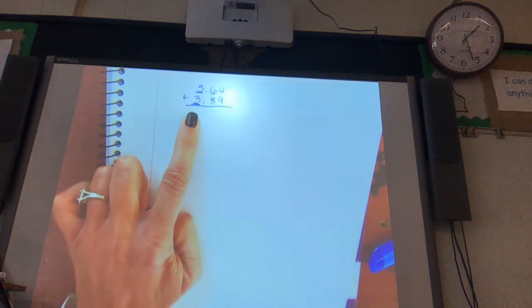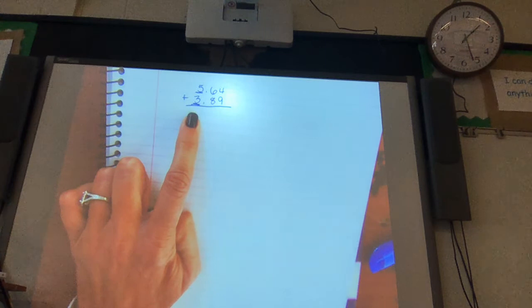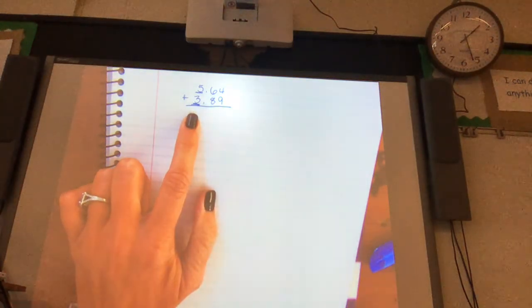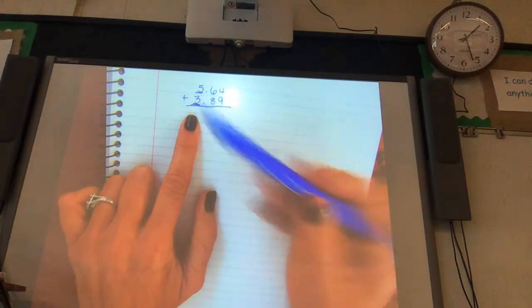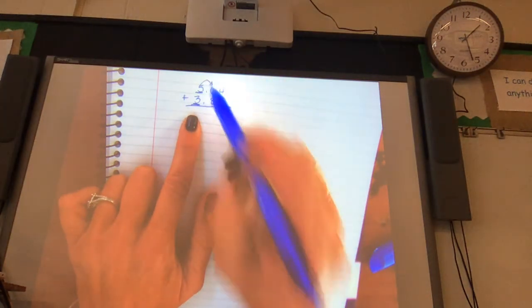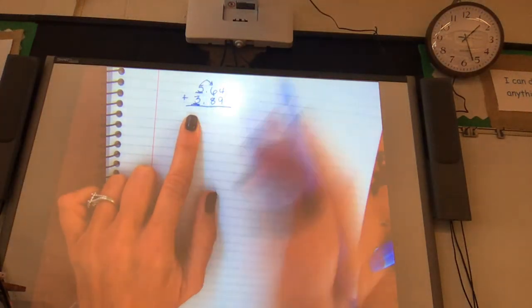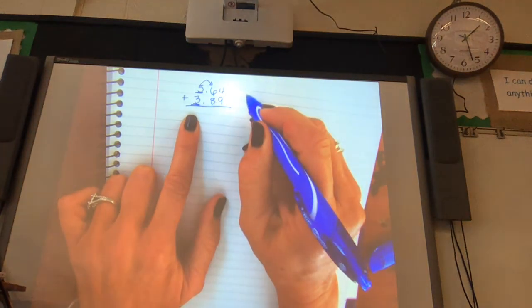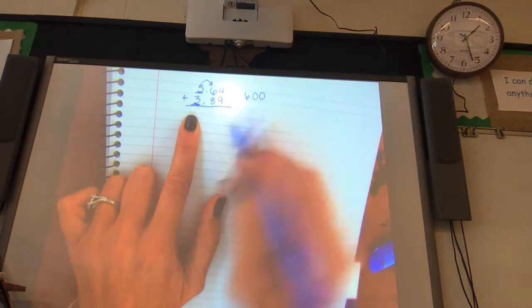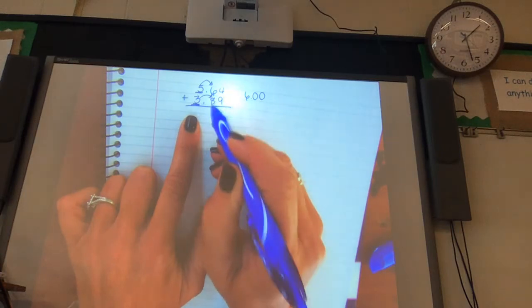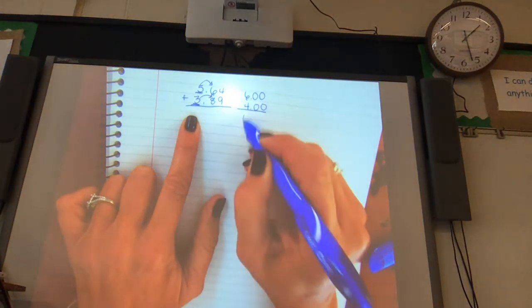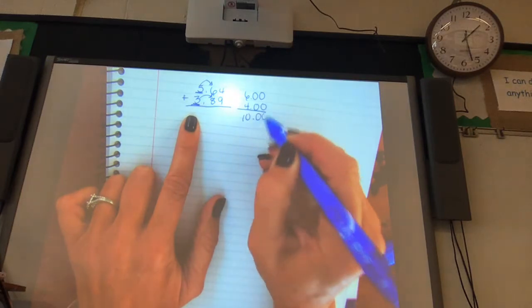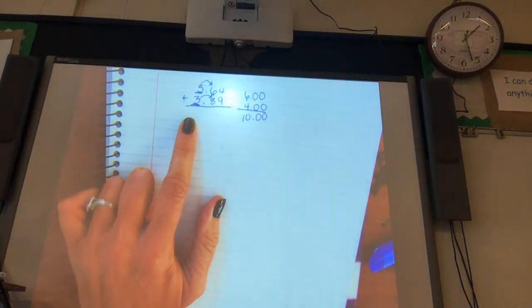So we're going to use our rounding rules that we've learned and that we all should know by this point: we underline that digit and we look to our neighbor, and the neighbor is a 6. So we know that the 5 goes up to a 6. And over here, our neighbor is an 8, so the 3 goes up to a 4. And so very quickly, you can see that our estimated answer is 10.